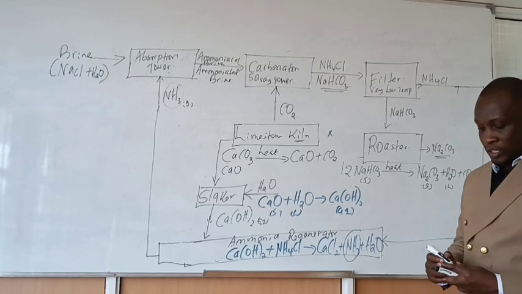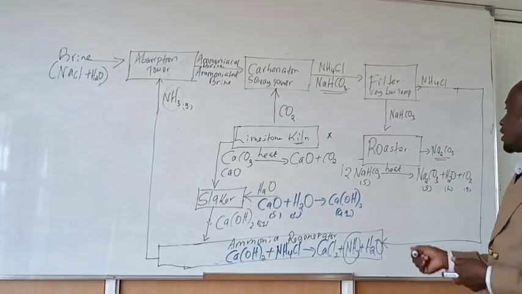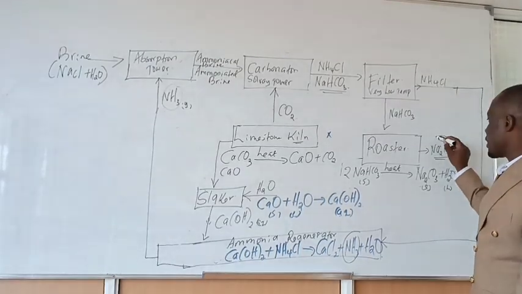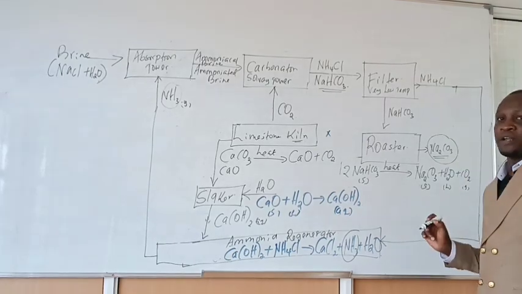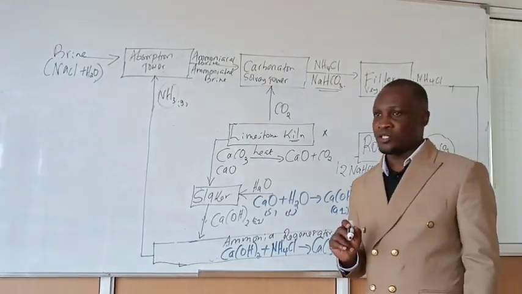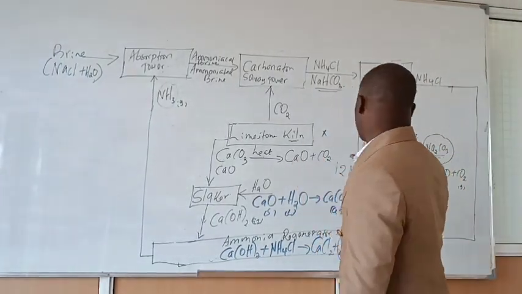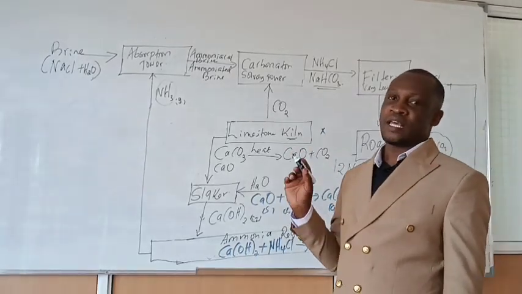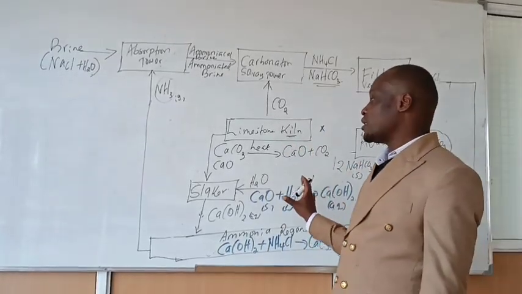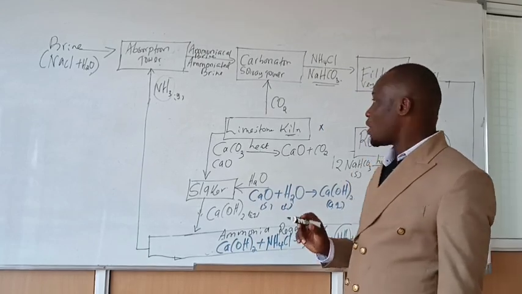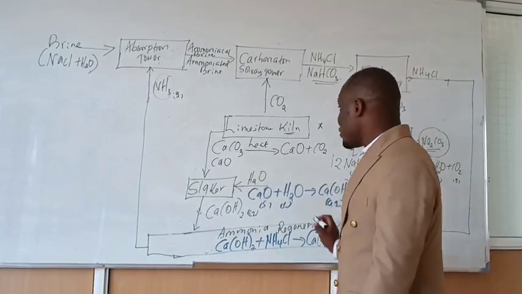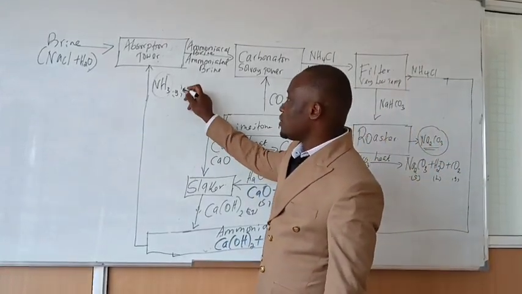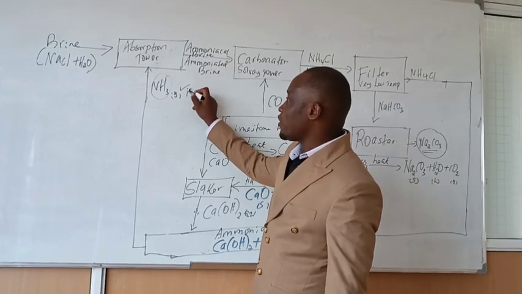Now, when this process was going on, you realize that even though we had produced our sodium carbonate, the process still went on. And I mentioned that some products formed here also needed to be recycled so that this process can be made economical. One of them is ammonia gas, which is being recycled.